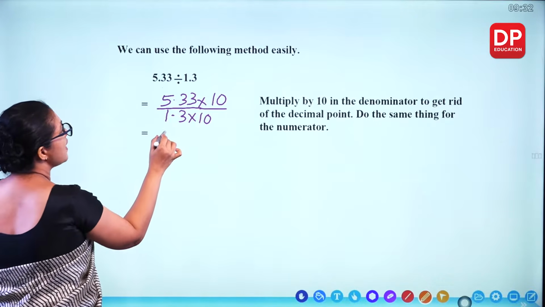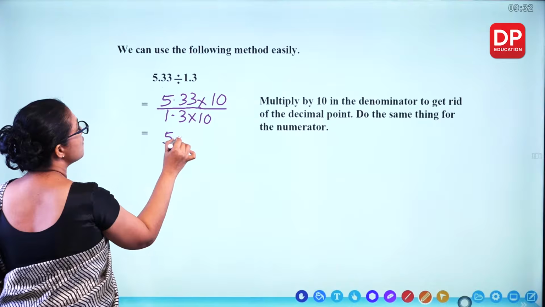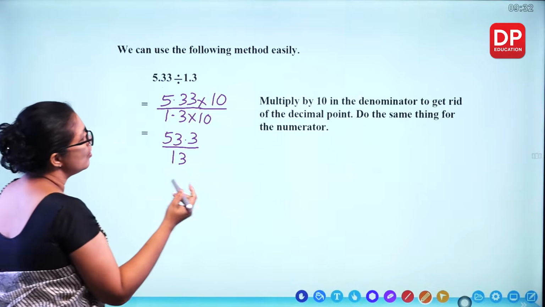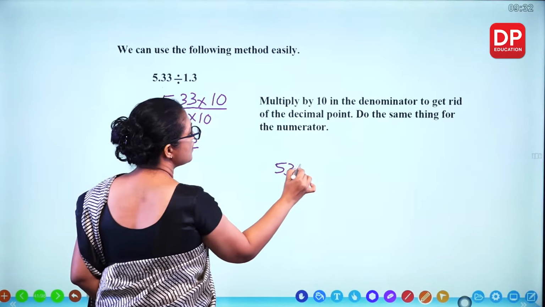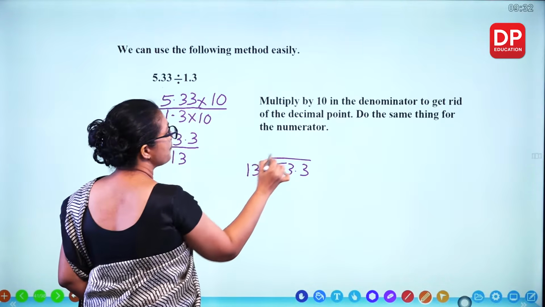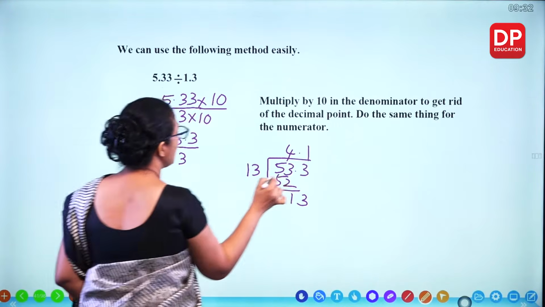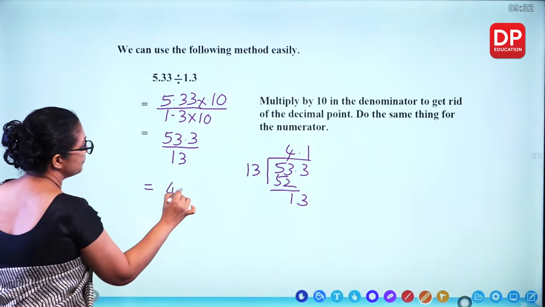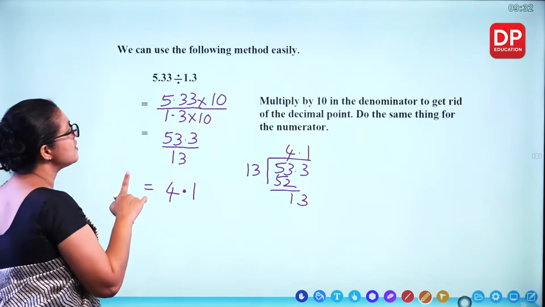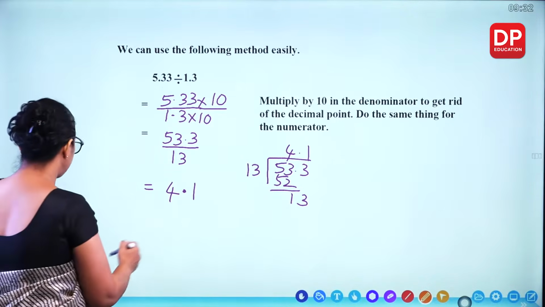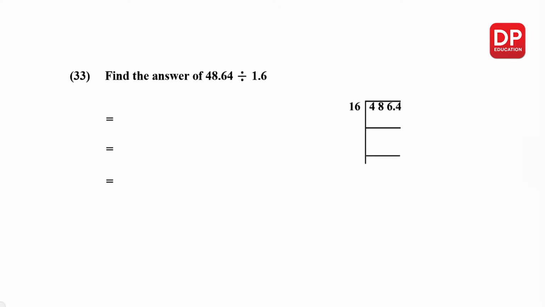So when you multiply 5.33, you get 53.3 divided by 13. So same thing, 53.3 divided by 13, you get 4.1. So we'll use this one because this is easier than converting to a fraction. Find the answer of this one.